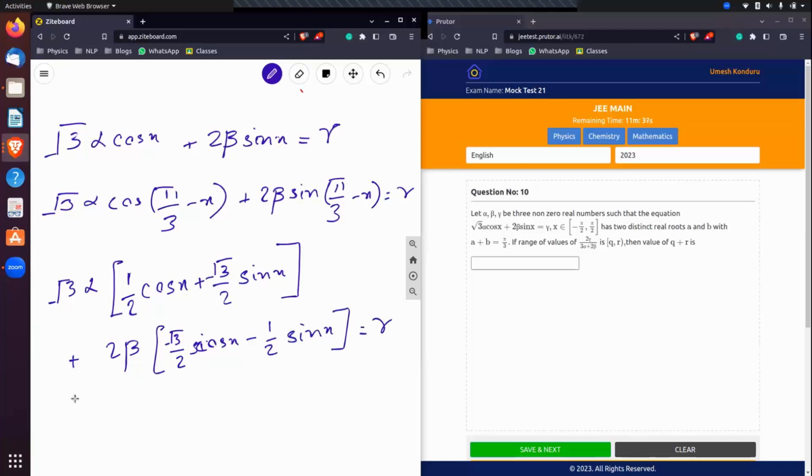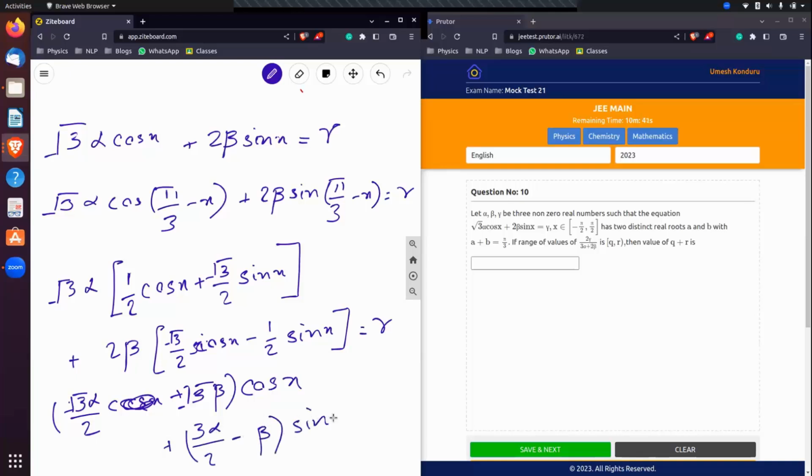So what we end up getting is sin x, 2 cos x, plus 3 beta cos x, 3 alpha by 2, minus beta sin x. This also equals gamma.